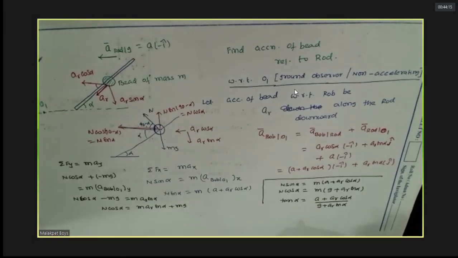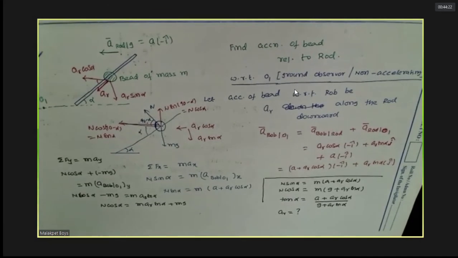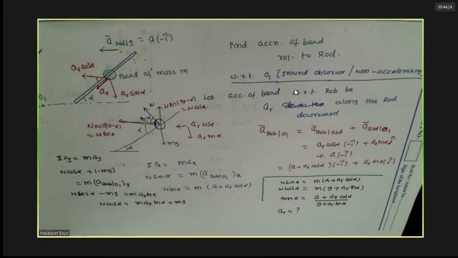Do you agree with this? Now find out AR. Cross multiply and find out AR. Understood the method? Any doubt?